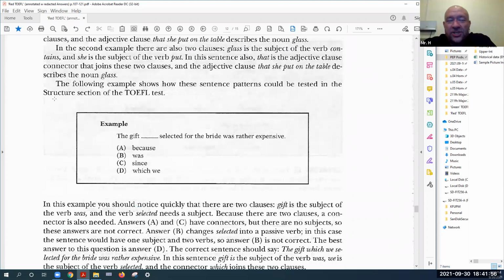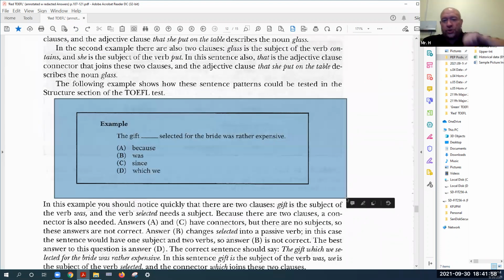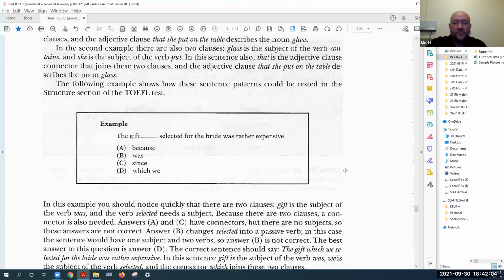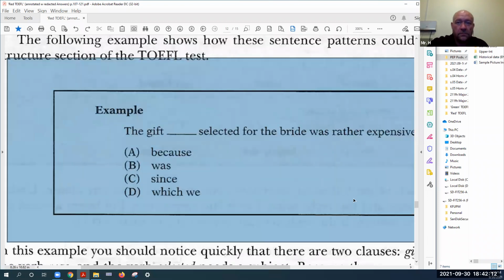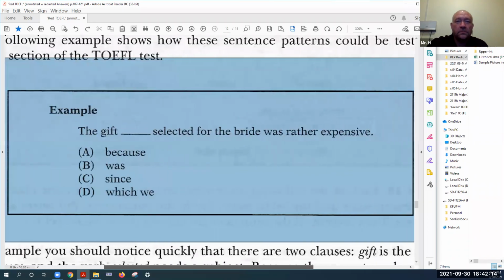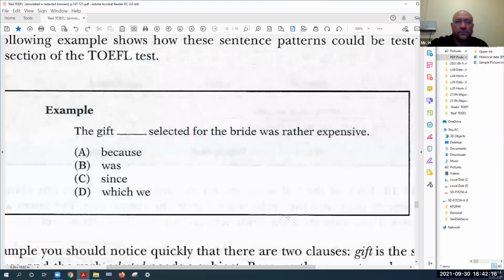Are you ready? Let's look at the example and choose your answer. I'm going to give you 15 seconds. I think this is too easy.